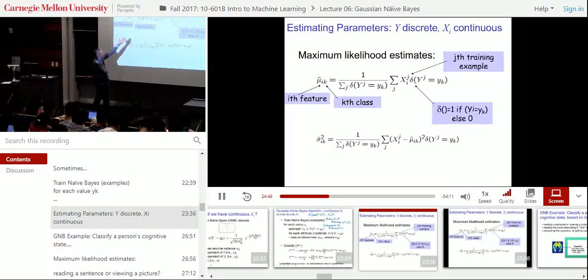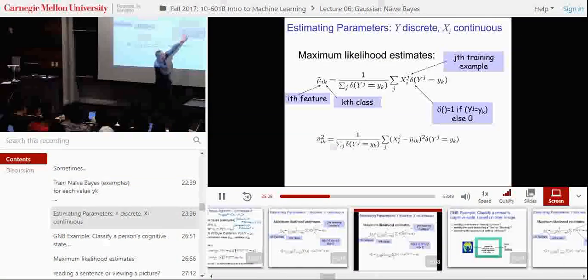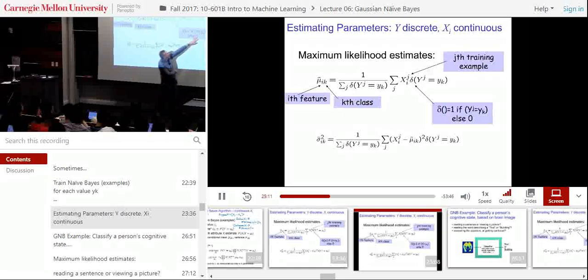And our estimate of mu should literally be, for the kth y value and the ith feature, we simply calculate the average of the training examples that have that property. Here I'm using a notation which we'll use a little bit more this semester, the delta function, which I just defined to be 1 if this is the case and 0 otherwise.